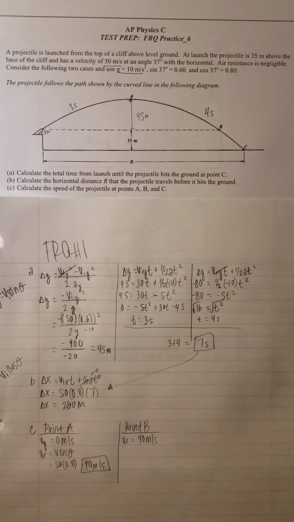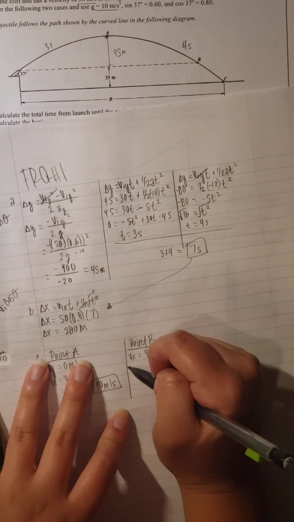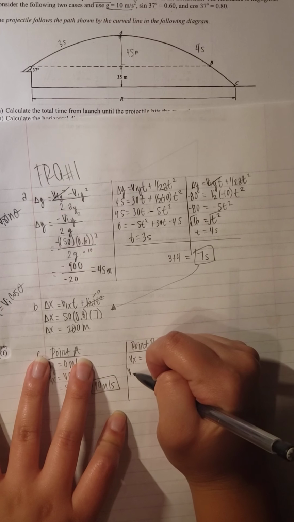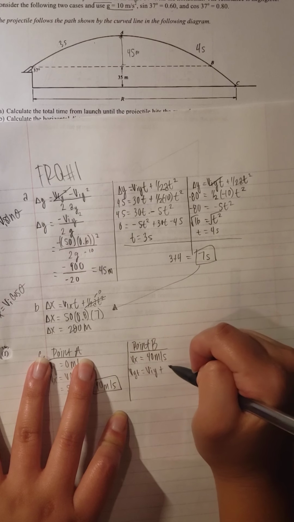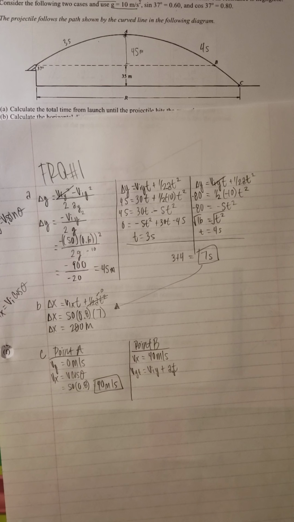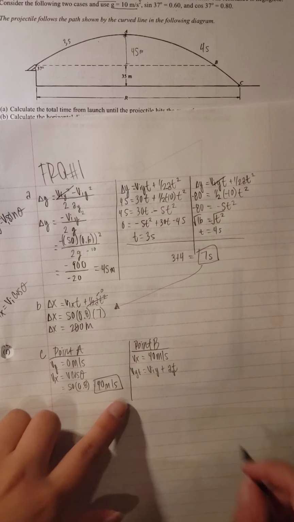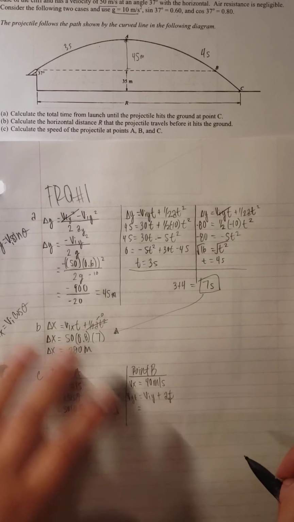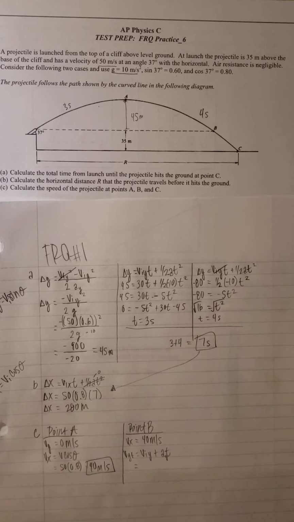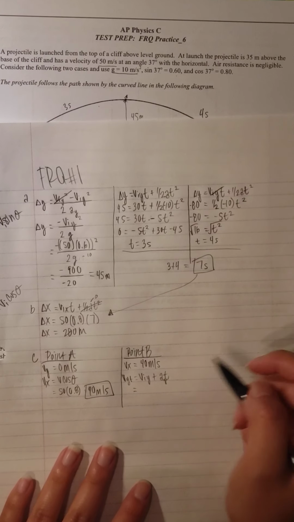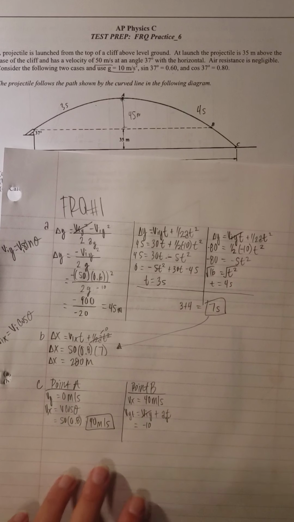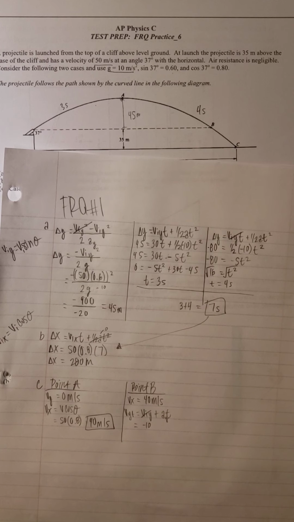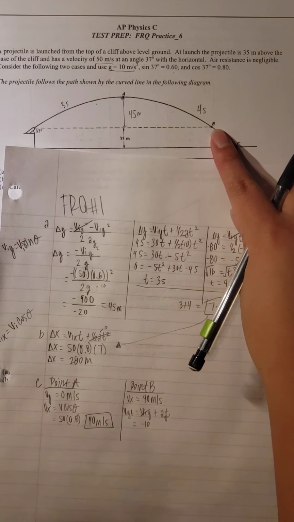Our VF formula, so VYF is equal to VIY plus AT. Let's start from point A just because it's easier, because there is no Vy, so this will be 0. And now we just have -10. Now we need to figure out which time we are going to use. We're at point B, correct?